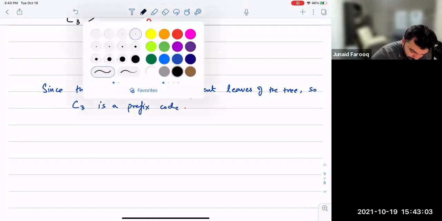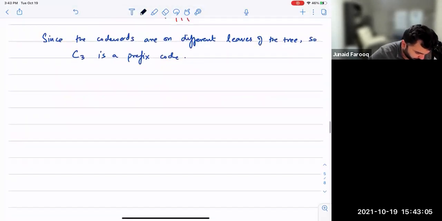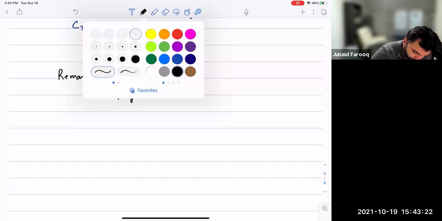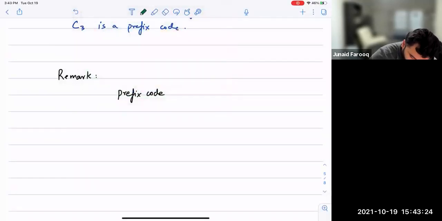Now, a small comment on the relationship between prefix codes and uniquely decodable codes. So if you have a prefix code, it is always uniquely decodable.